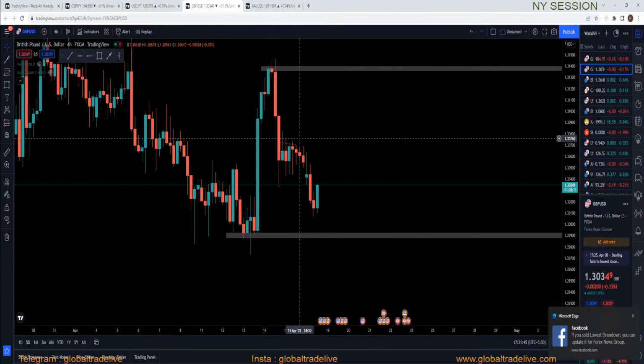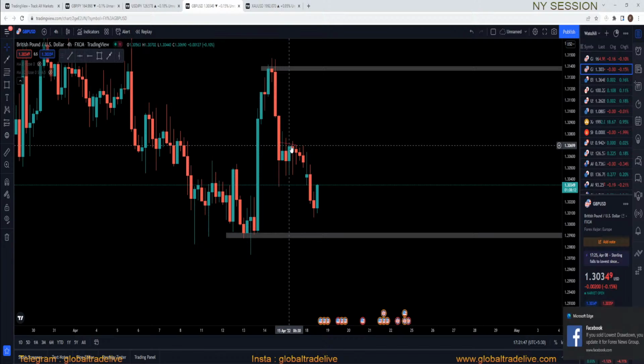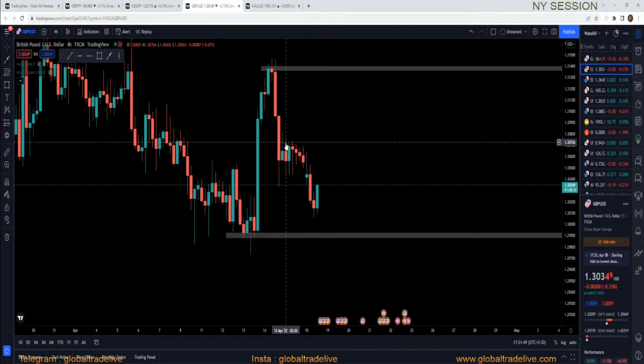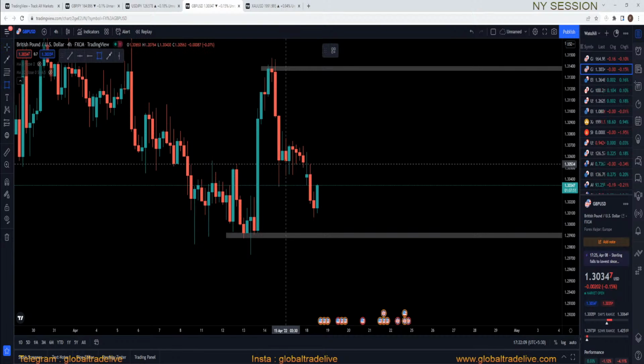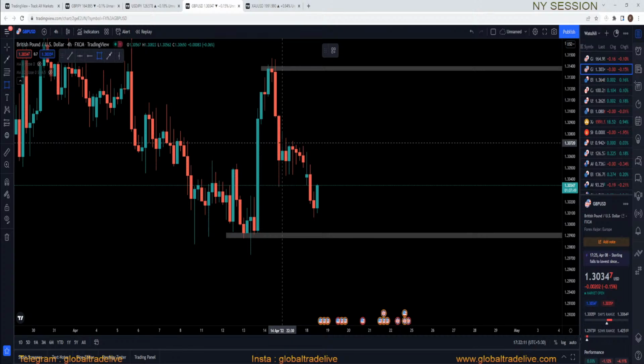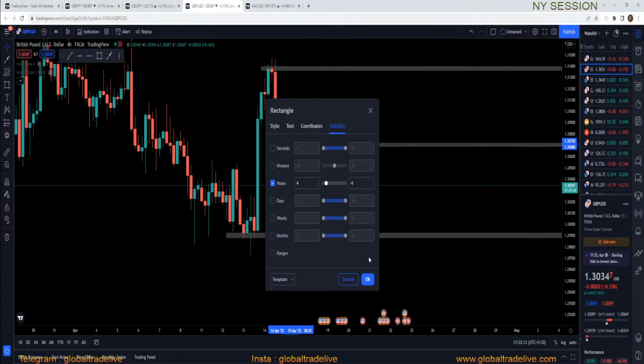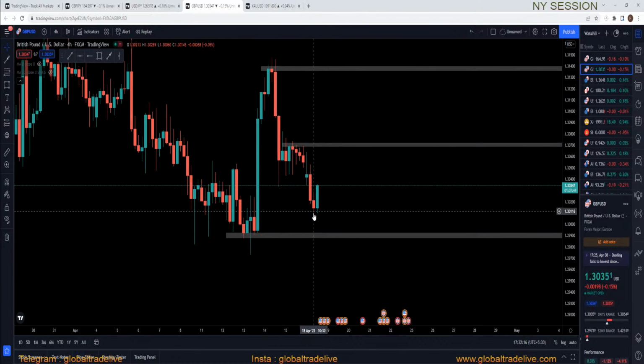Then it came down, created a low again, then it created a resistance over here, and after creating a resistance, it just went down again.